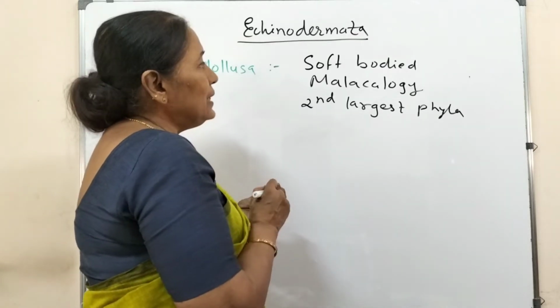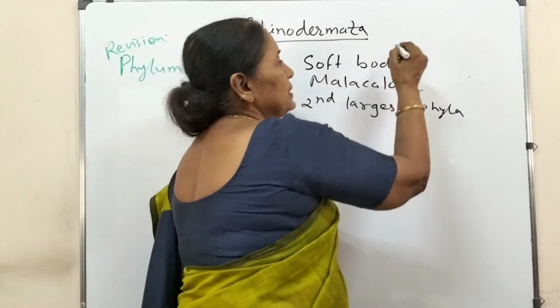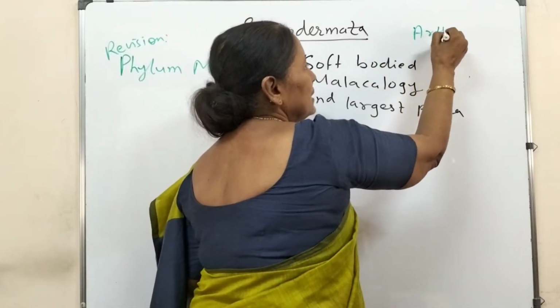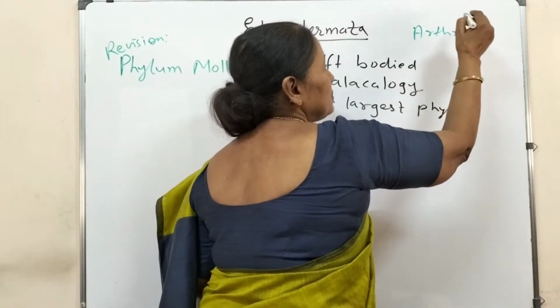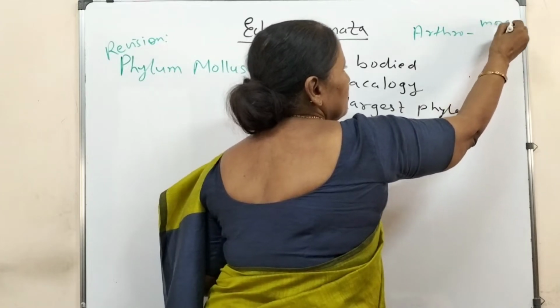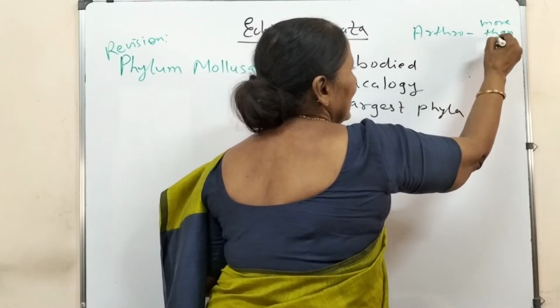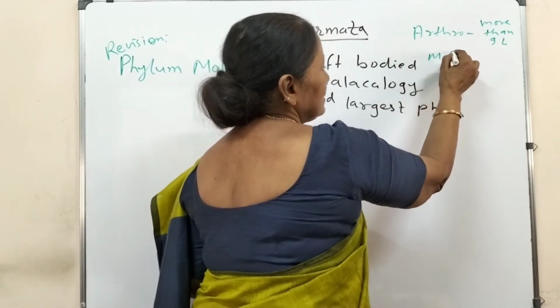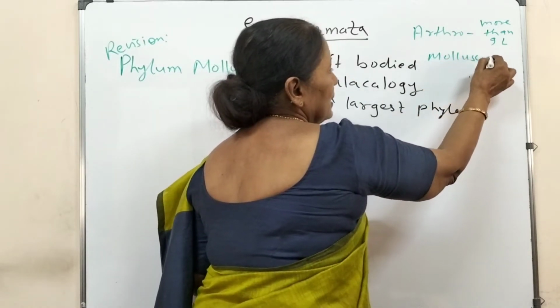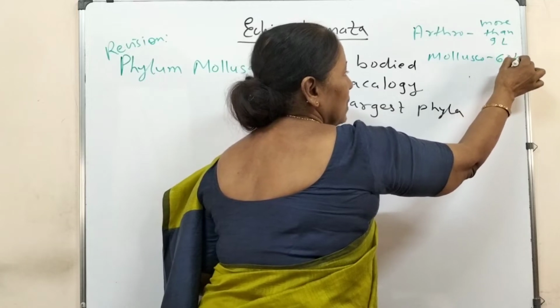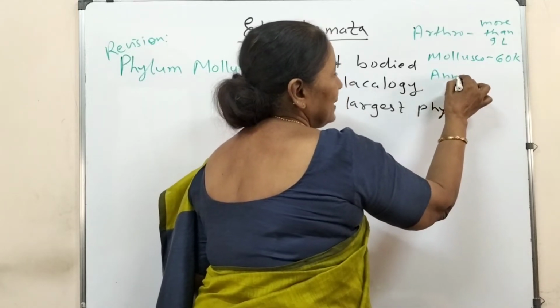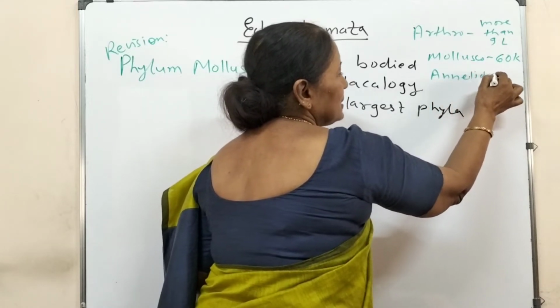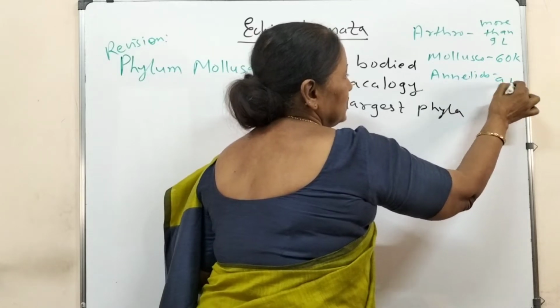Just recall that in case of arthropods, the number of species was more than 9 lakhs. Whereas in case of these mollusks, it is about 60,000. And if we see the annelids, it was around 9,000.